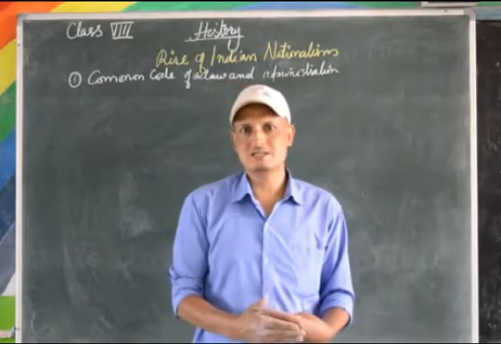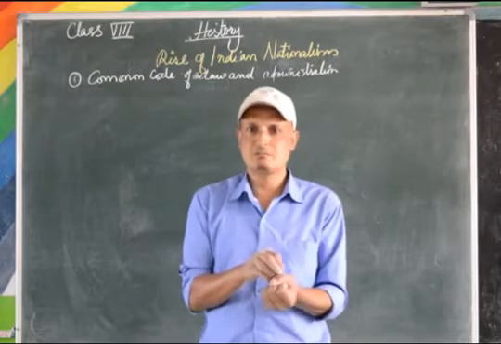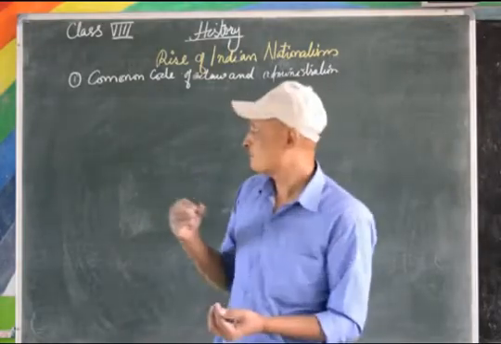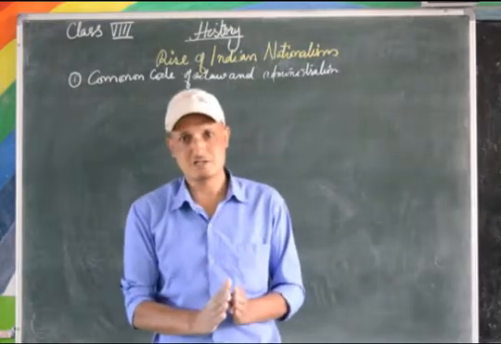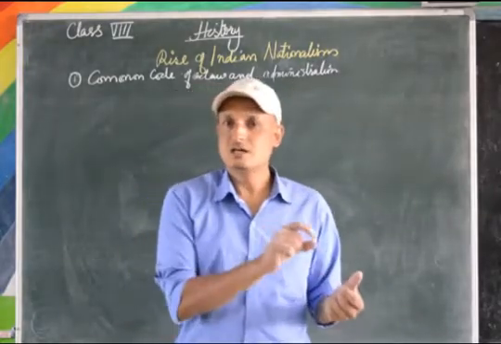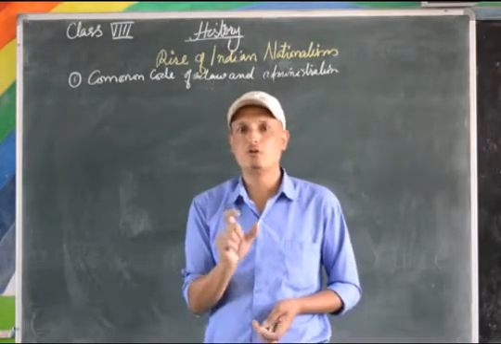Now, one of the blessings of the rule of the British East India Company, the Britishers themselves, was responsible for the rise of Indian nationalism. How? The Britishers introduced a common code of law.